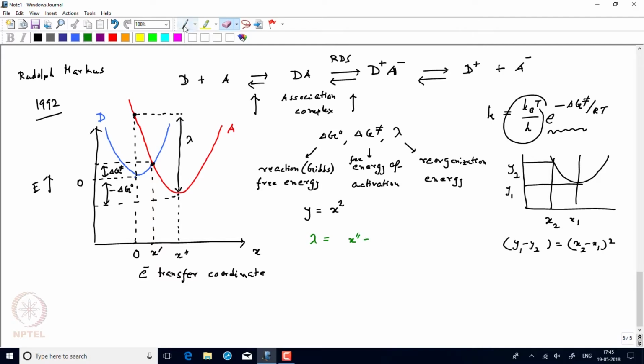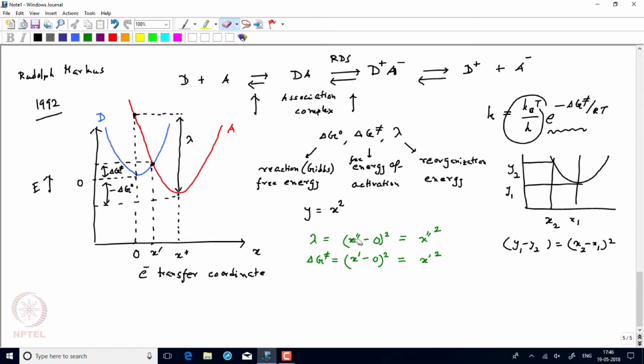So using the same notation, x double prime minus 0 squared, which is nothing but x double prime squared. This is following the acceptor parabola. Similarly we can follow the donor parabola, and we can easily figure out that delta G dagger is x prime minus 0 squared, which is nothing but x prime squared.